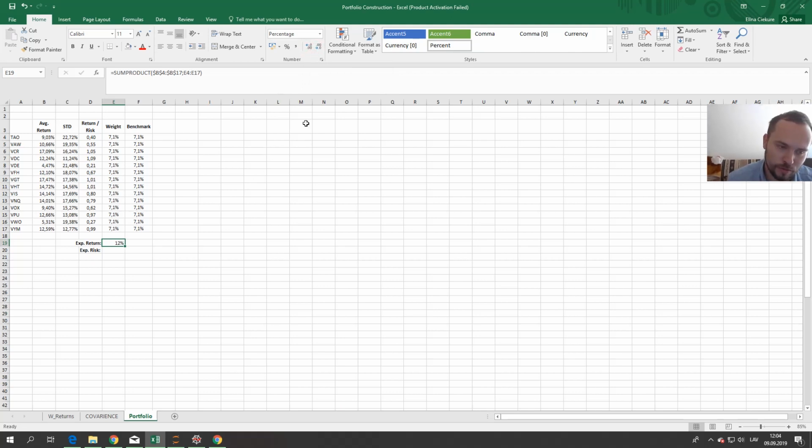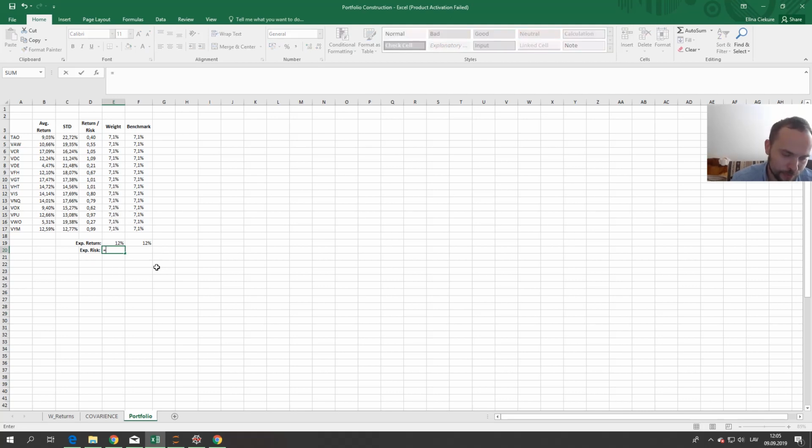Let's keep it like this, because there's no sense in going after it, since I don't really expect this portfolio to perform this well. But what is true, and what you can notice, is that if you minimize the risk, it will actually be lower than if you go with the benchmark or equally weighted portfolio.